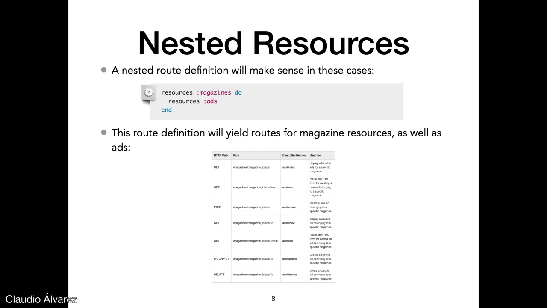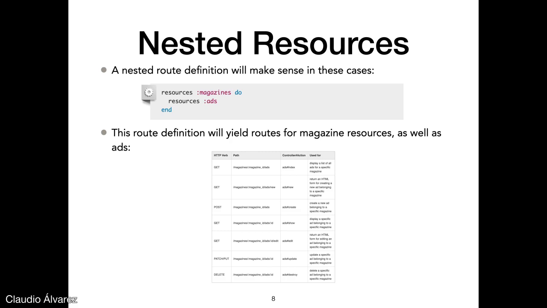You got the same set of 7 routes, the usual set of 7 routes. However, look at the third column: ads index, ads new, ads create, etc. The ads controller is always the one that will handle all of these different requests.